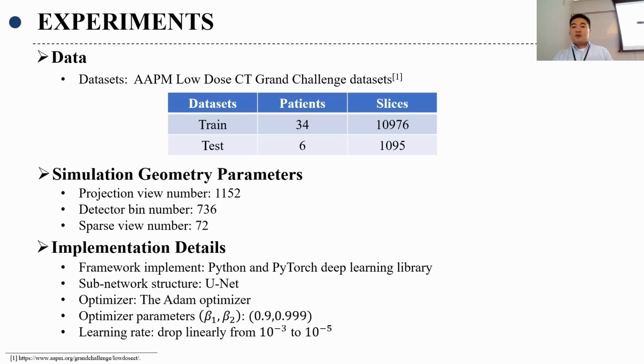The authors project the images to obtain the simulated full view fan beam projection data. The geometry parameters are set as shown in this slide, and some implementation details for training are shown in this slide.